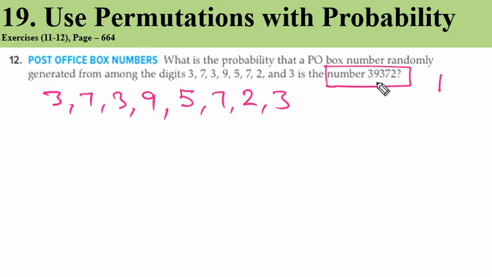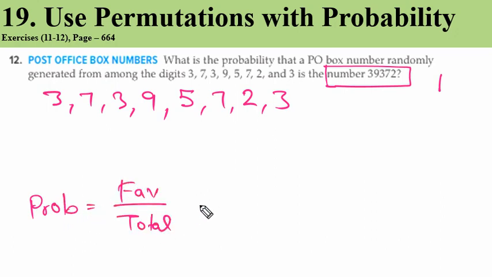Why? Because this number is fixed, I cannot change anything in it, so my favorable outcome is 1. The probability formula is favorable over the total number of outcomes. Favorable is 1, I need to find the total.